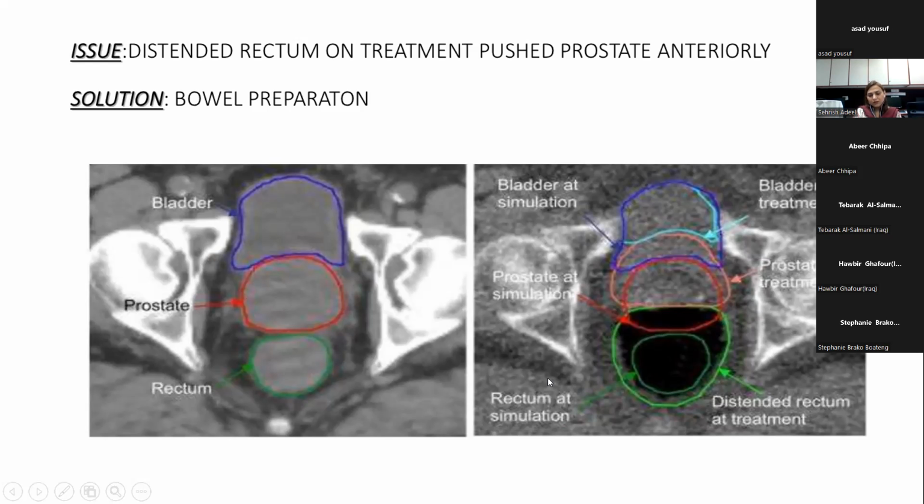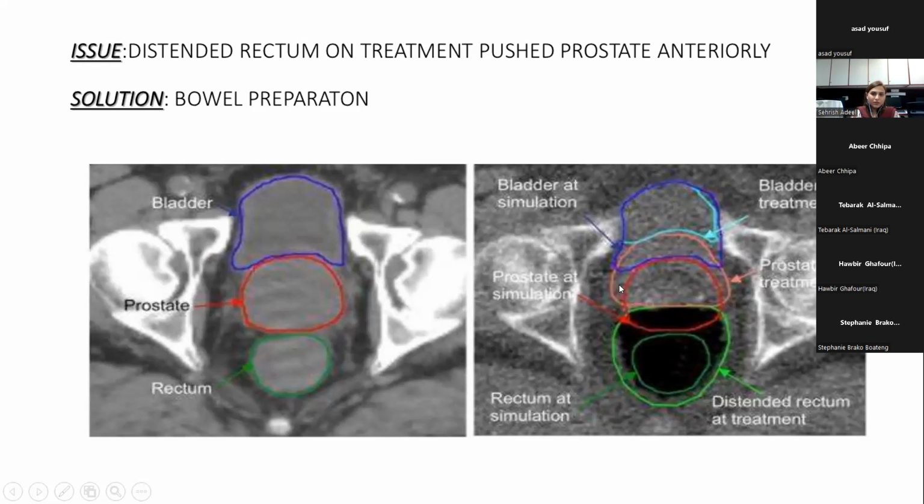And this is the picture taken on the day of treatment. And this green line outside, the small circular line, is showing the distended rectum. So what happens when the rectum is distended? In prostate cancer patients, it actually pushes the target area anteriorly.